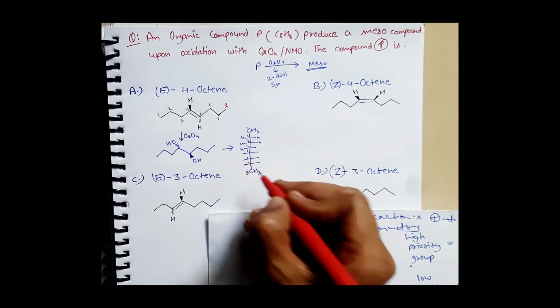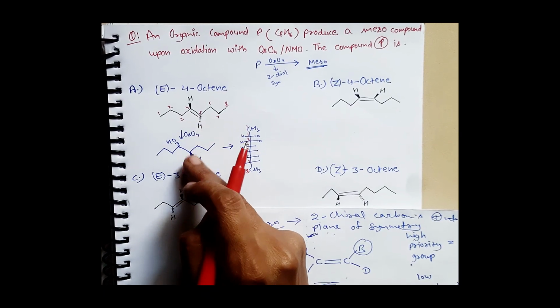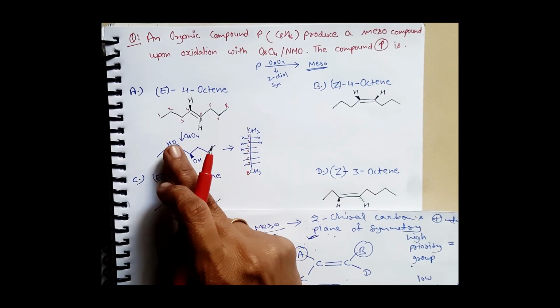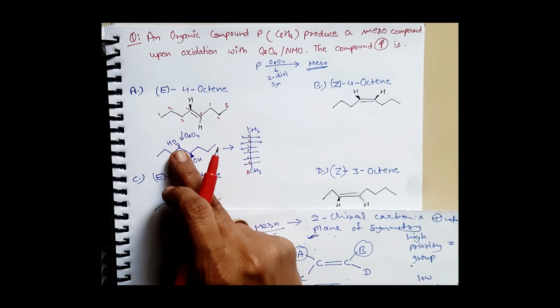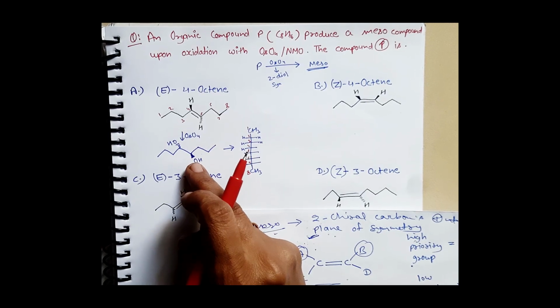In our product, on carbon number 4 and carbon number 5 the diol is attached, but on different planes. It means one OH is attached with a dash and the second OH with a wedge position.